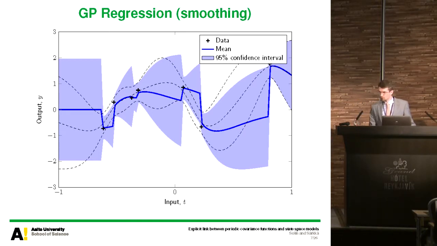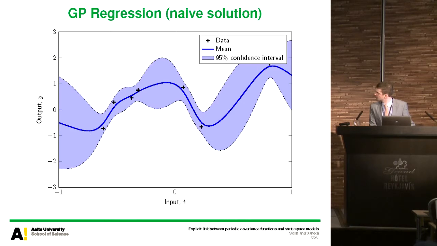This, however, does not look like the solution in the previous slide, but we still have to use some backward smoothing method for getting the full posterior solution. And now you see the solutions match. The dashed line is for the naive full GP results, and the shaded patch and the blue mean is from the state space approach. Okay, so this was a quick refresher on how the link between state space models and GP regression problems actually work.